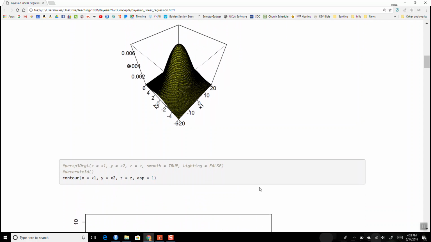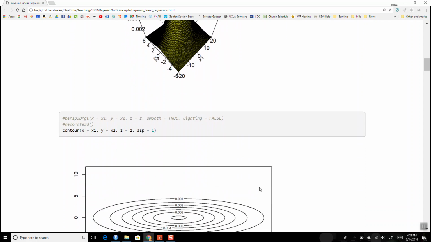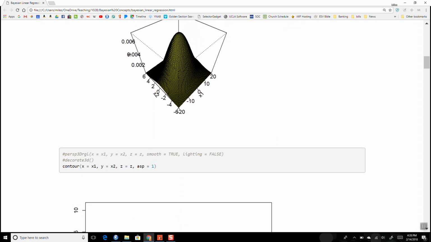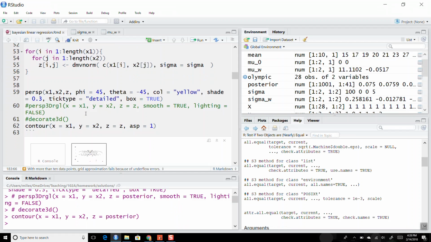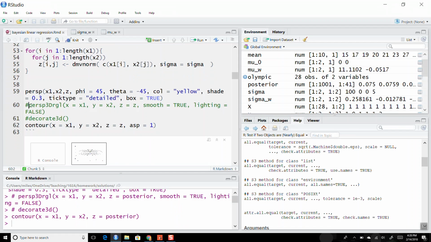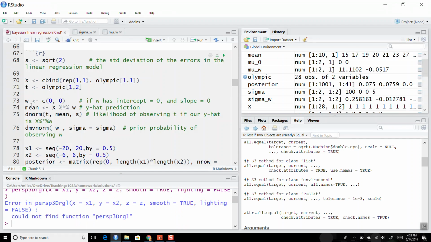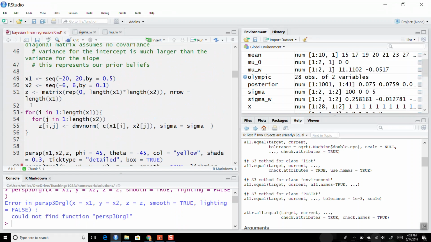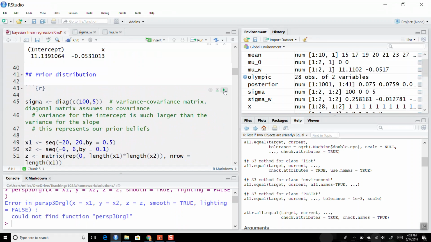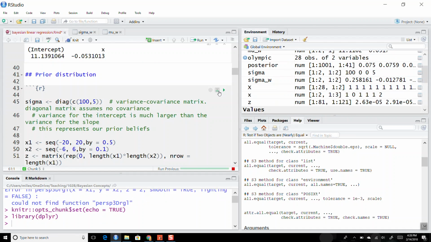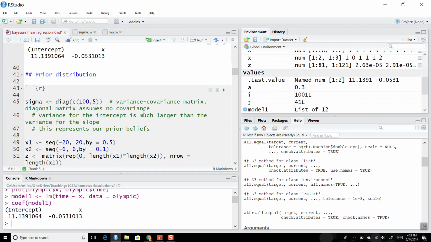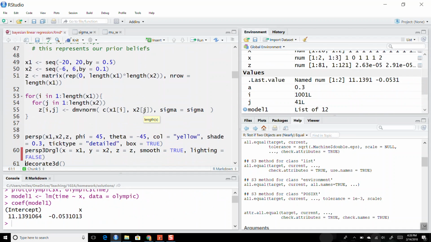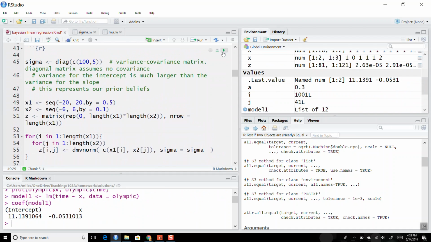Is this okay? In fact, if you install plot 3D GL, you can have a nice little interactive plot. Let me run this.